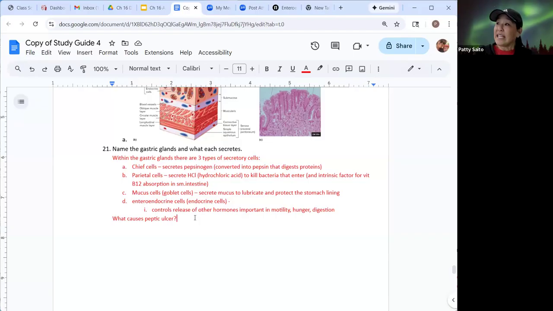But in the 1980s, so not that long ago, a physician and researcher noticed that, wow, there's this one bacteria that is found in a lot of ulcers. Now, is that a coincidence, or could it possibly be that this bacteria is causing peptic ulcers?